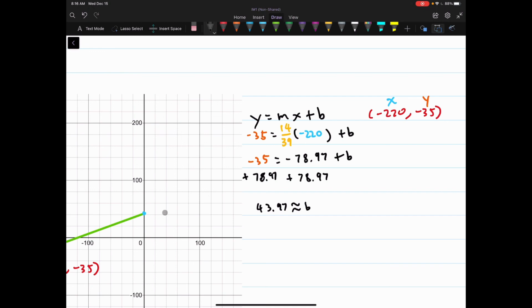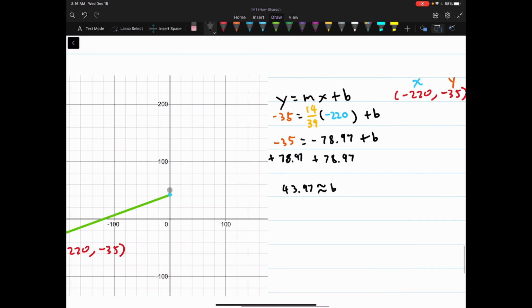And it makes sense, right? It's about 43.97, so that's about like 50 right in the middle, and 25 would be here, so 43.97 makes sense to me.